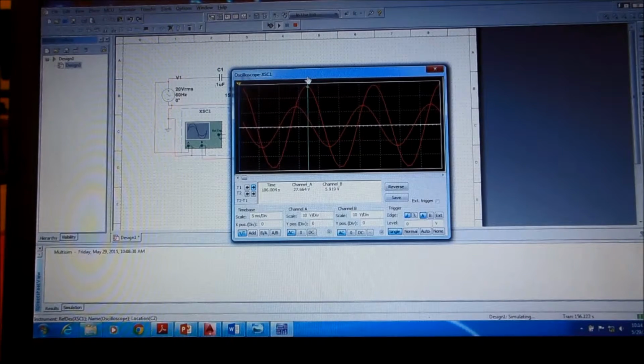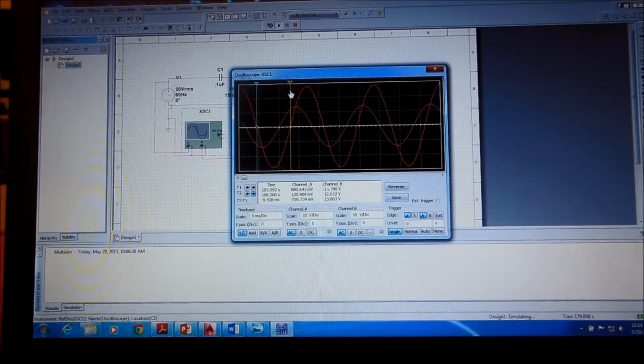Again, what we're measuring is 20 millivolts RMS, which the peak voltage is going to be higher. But that's about 0 volts there. Then we can take the T2 marker, and you can slowly move them with these arrow keys back and forth, or you can just grab them and quickly move them.